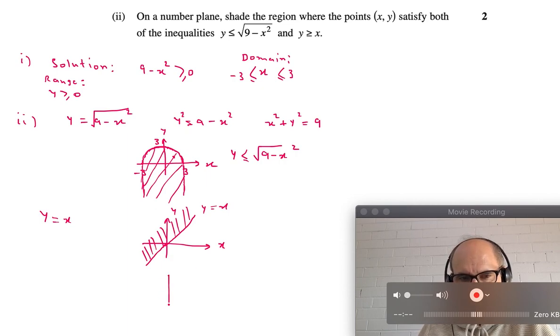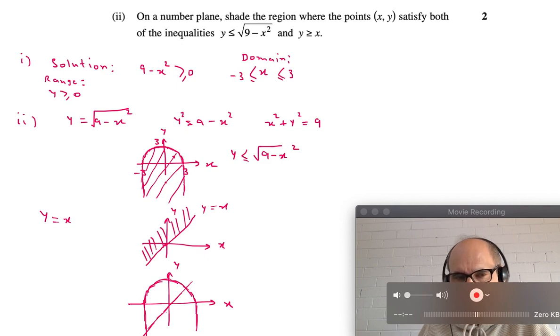And if we draw them on the same Cartesian plane, that will give us this circle with this straight line, and then you have the line y equal to x, and we are interested in all points above the line if they lie inside this shape.